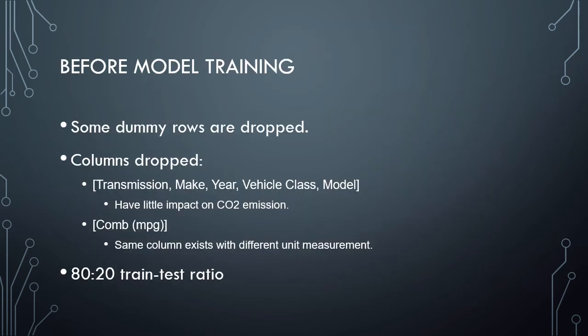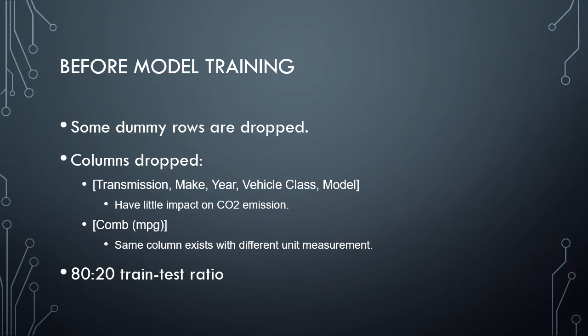Before getting into the data training, there are some minor procedures we took on the dataset to be explained first. Initially, it has some dummy rows to explain what each categorical value stands for. For instance, the value X in fuel type column means gasoline. Those rows are dropped because obviously they are not needed for model training.